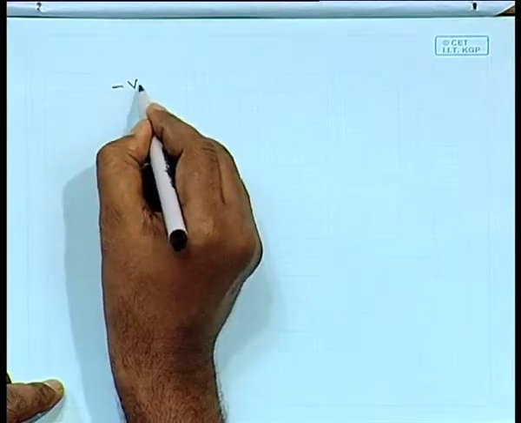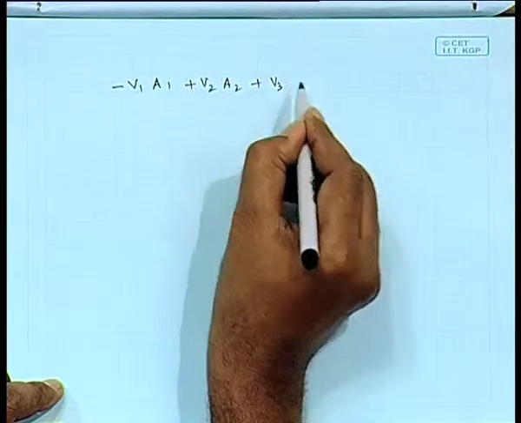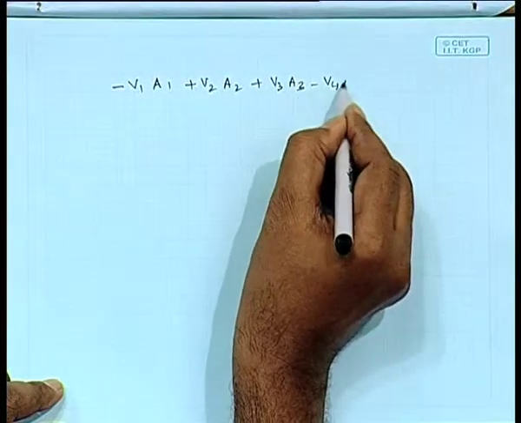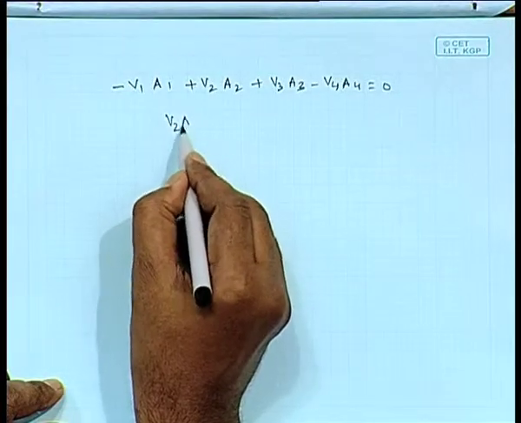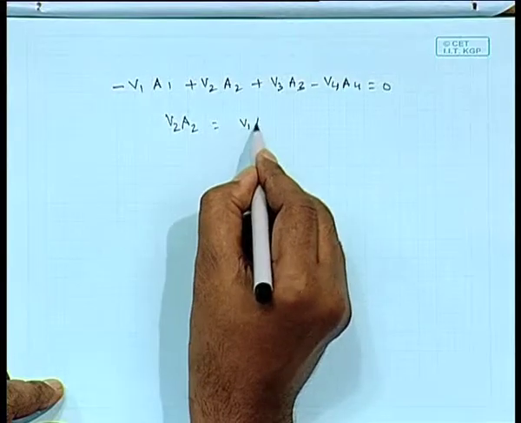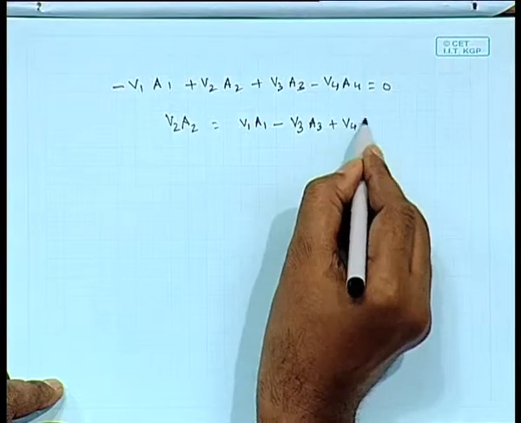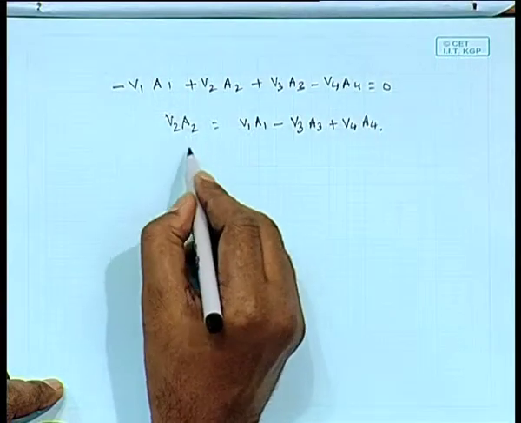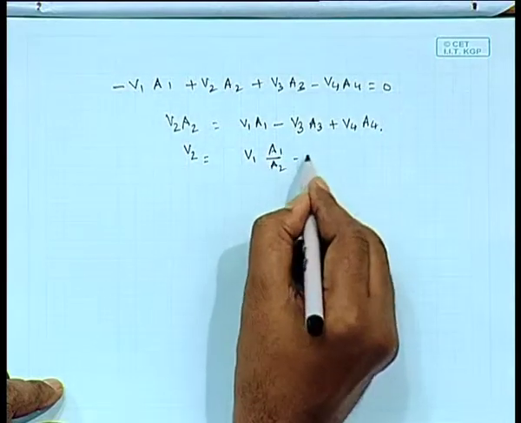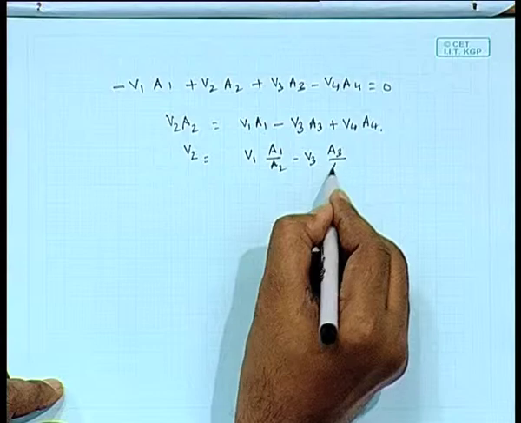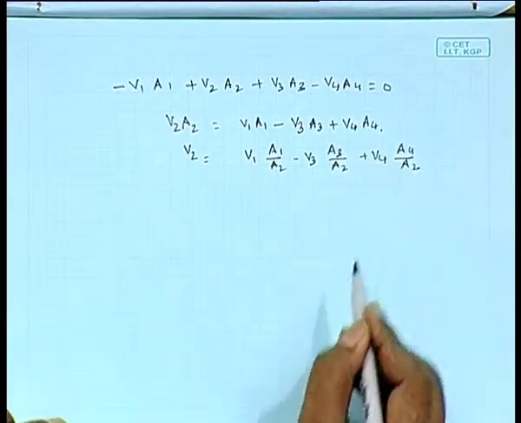So, it becomes V1 A1 plus V2 A2 plus V3 A3 minus V4 A4. Okay. So, V2 A2 will be V1 A1 minus V3 A3 plus V4 A4, and your V2 will be V1 A1 by A2 minus V3 A3 by A2 plus V4 A4 by A2. Okay.